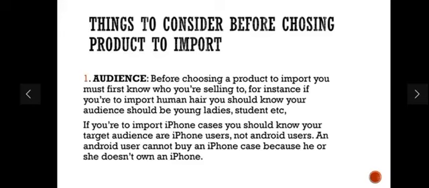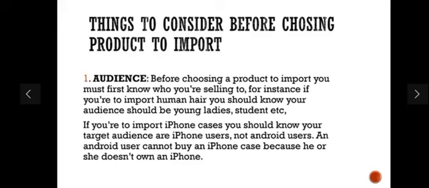So for example, if you want to import phone accessories and you're importing phone cases for iPhone, you should know that the persons you are going to sell those products to must be iPhone users. You don't want to go and start hawking iPhone cases or accessories to people who are using Android phones.